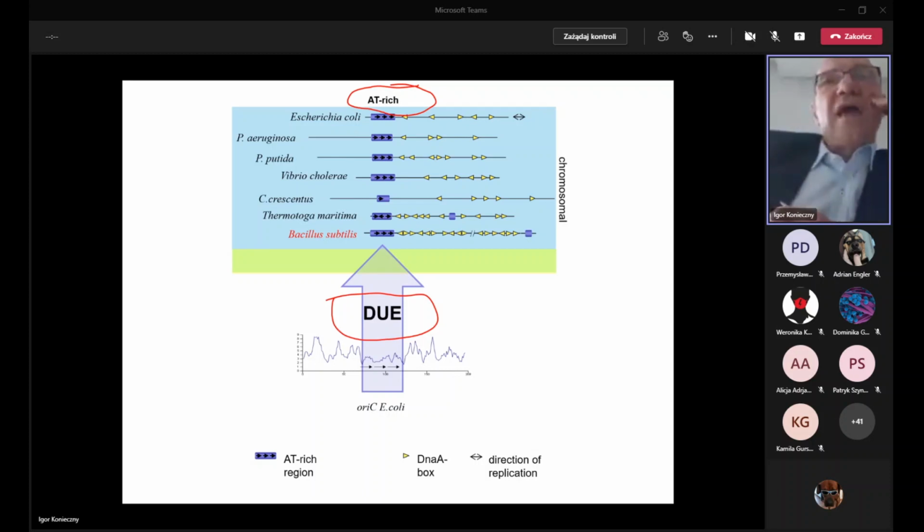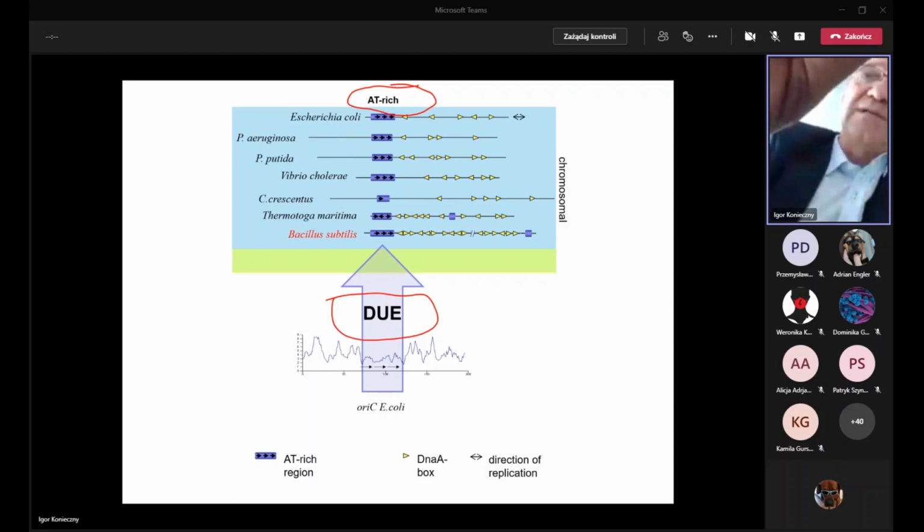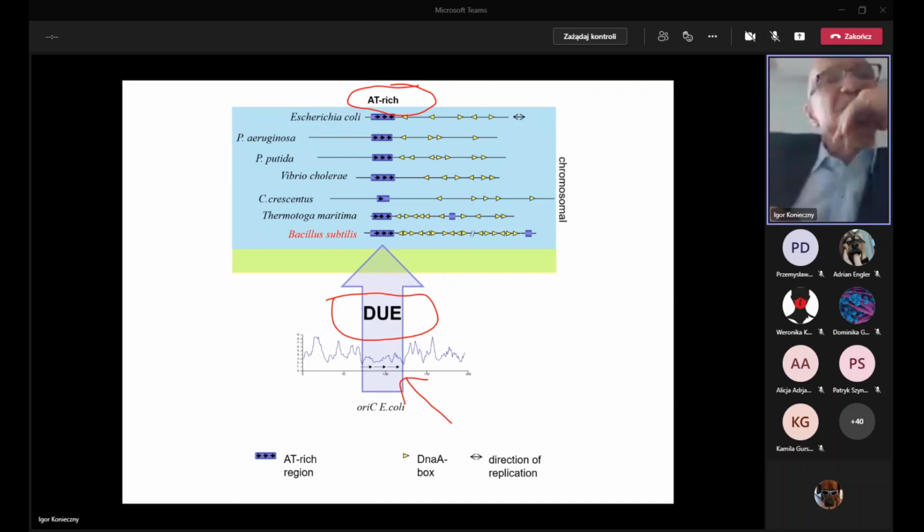And this DNA unwinding element is typical for replication initiation origins. It has a higher than average AT content, and also some fluctuations and repeated sequences inside, which are marked here by this asterisk.